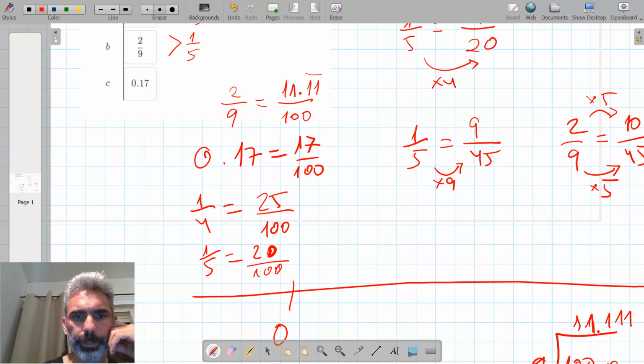So point C is here. This is 17 hundredths.